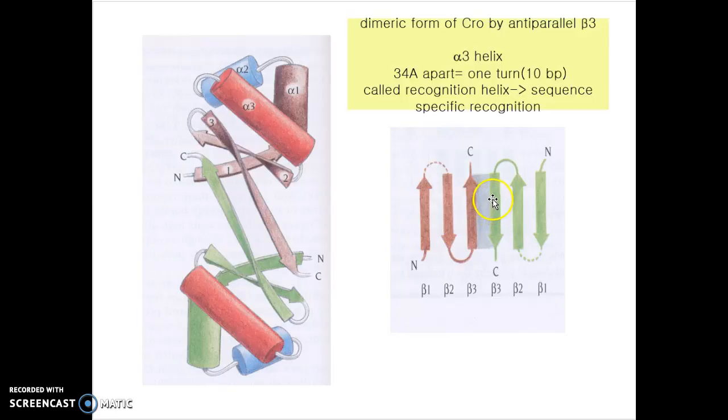Another important point is that the helix-turn-helix motifs in this dimeric structure are positioned apart by 34 angstroms, which corresponds to one turn of DNA, 10 base pairs. This strongly suggests these regions are responsible for DNA binding.